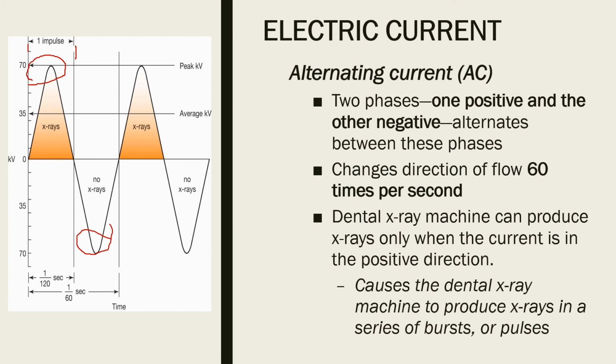So X-rays are only produced if the direction is on the positive side, and no X-rays are produced when the impulse is on the negative side. So even if the kilovoltage fluctuates from 0 to 70, the actual output is just 35 because X-rays are just produced whenever it is in positive direction.